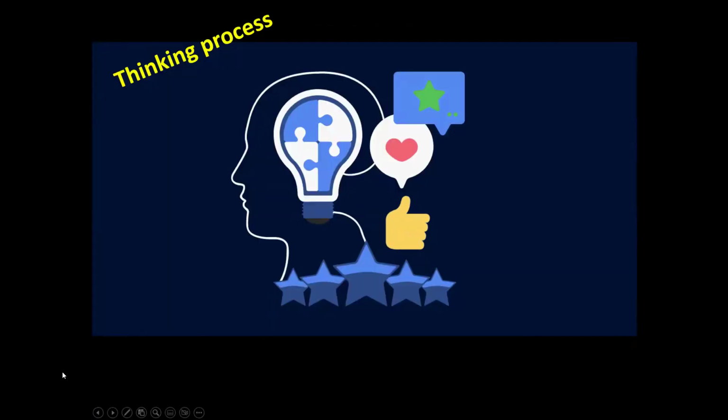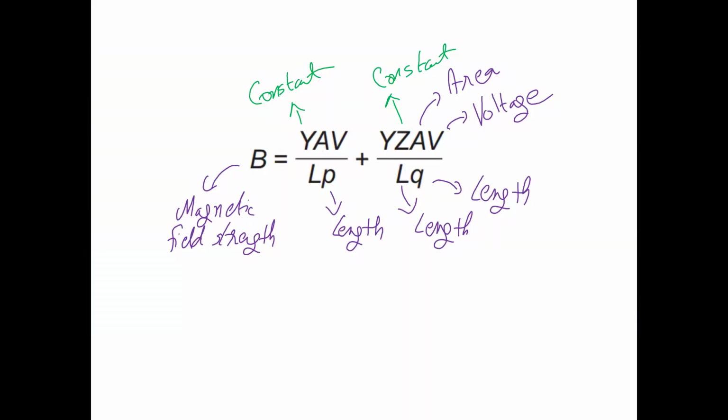We are now starting our thinking process. The most important part of this question is the thinking process, how you manage it. Call upon the equation. This is the equation, and this is my thinking process.